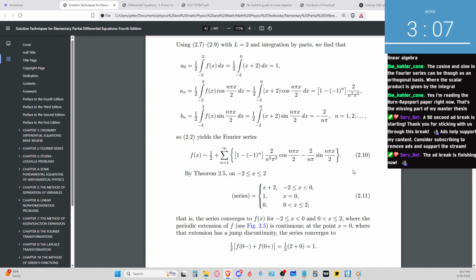The series converges to f of x for negative 2 less than or equal to x less than 0, and 0 less than x less than or equal to 2, where the periodic extension of f is continuous at point 0, whereas the extension drops discontinuously and the series converges.